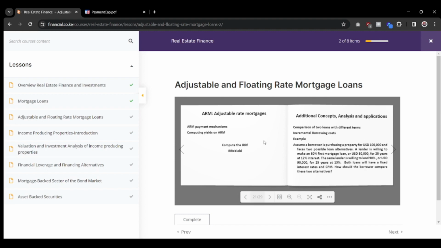You start with a positive amount being the loan, and each month's payment has to be listed up to the end of the loan. Then simply use the IRR formula by highlighting all those amounts and guessing the expected rate. With that, you'll be able to calculate the internal rate of return, which is also the yield of the adjustable rate mortgage.